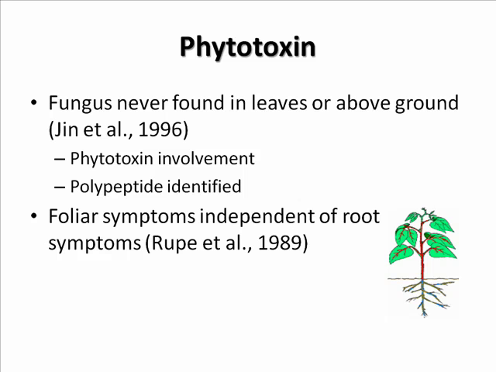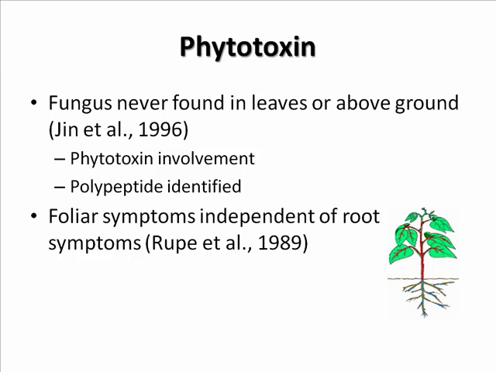Once the phytotoxin was identified, a polypeptide was identified, and right now research is going on downstairs. Dr. Madon, I murder his last name always, is working on identifying more about the polypeptide and how to possibly make it so that foliar symptoms don't develop because of it.